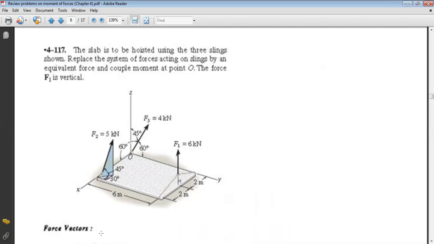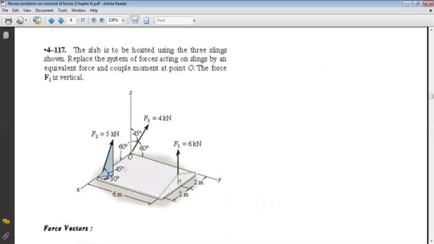So if you want, try to do this problem as a practice, okay? It is the same we did before, but now in 3D. So you do F resultant equals sum of forces, and you can find the components of F1, F2, F3, as we learned in the first chapters we did together.